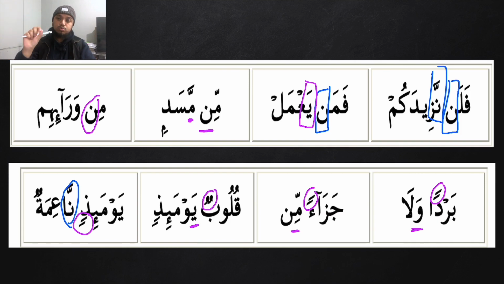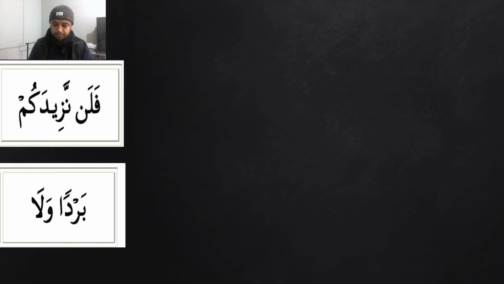So we know the noon sound of the tanween, the in, will be merged with what follows it. Because it is a noon, it will be with ghunna for 2 harakat, and it will be read as one single letter. So yawma'idhin na'imah. Okay, so we've covered idgham with ghunna.